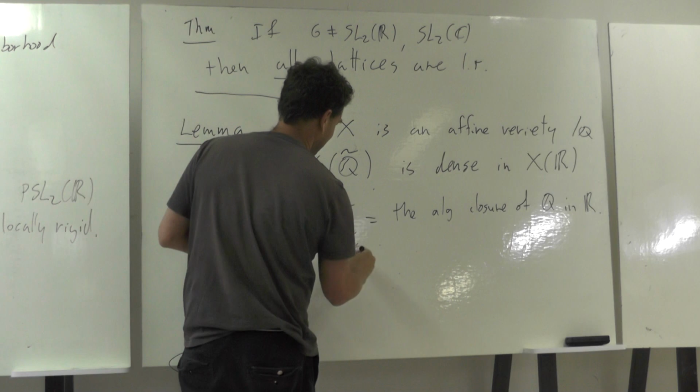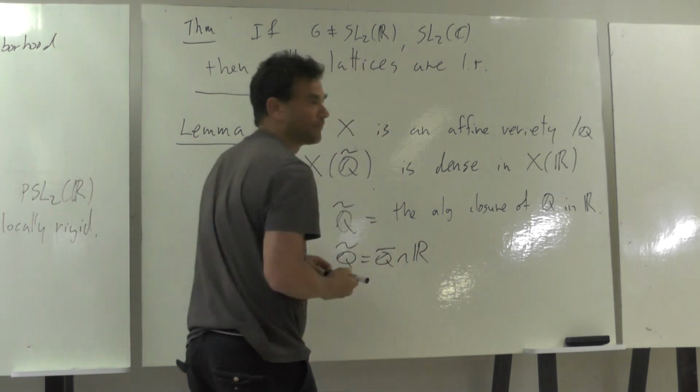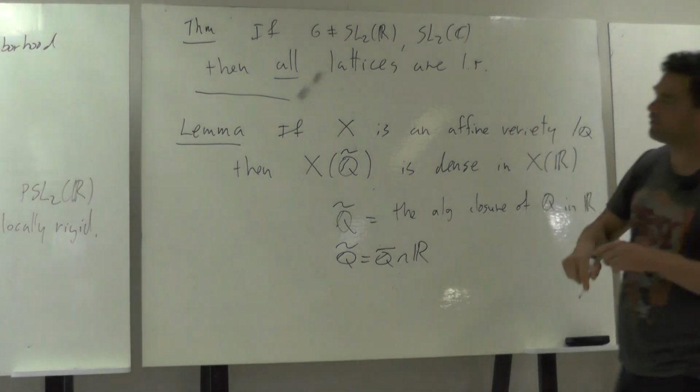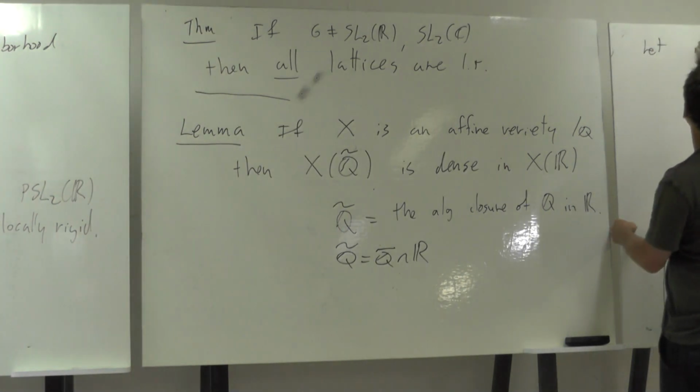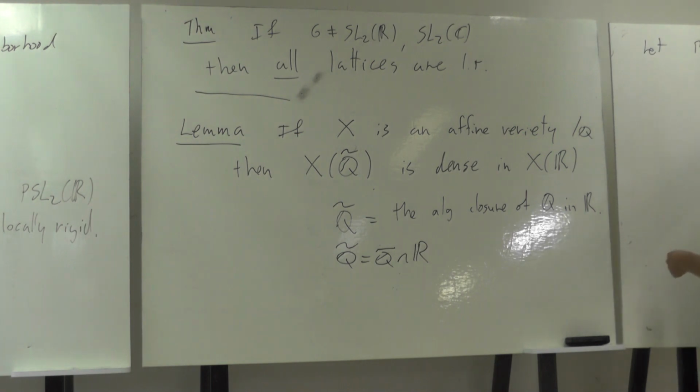Let's apply this lemma and local rigidity and see what happens. So let Gamma be inside, let's say, G equal to SLn R, n at least 3, a uniform lattice. It doesn't have to be smooth.